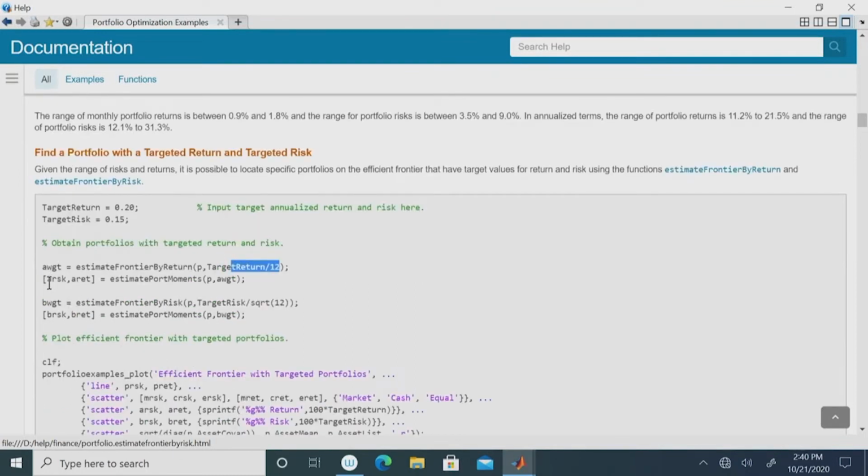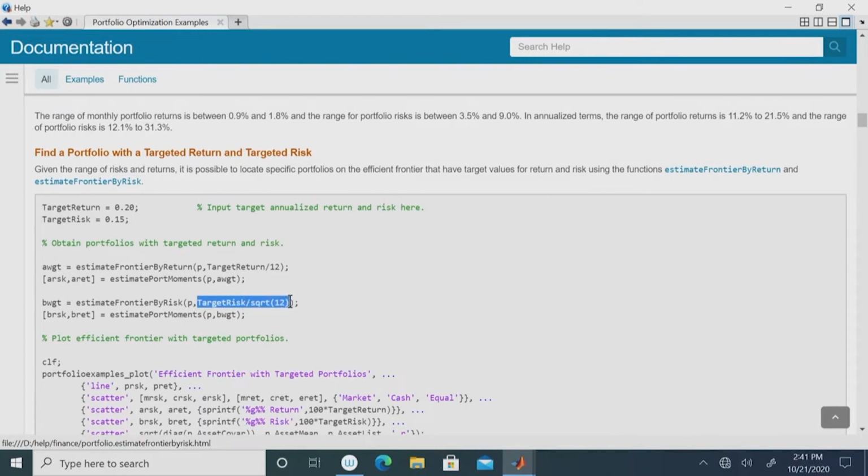In this case ARSK and ART are going to give us the target return on a monthly basis. That means it is going to give us the efficient portfolio with the targeted return of 20% per annum, and in the second case you see that we are taking the target risk and dividing by square root of 12.